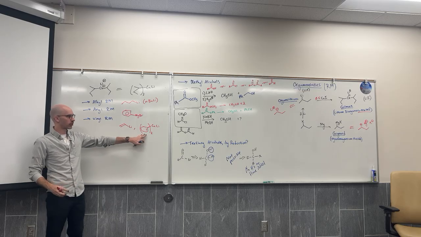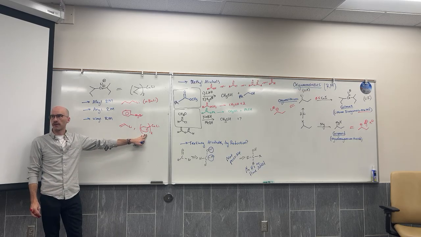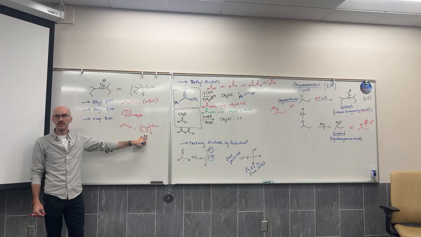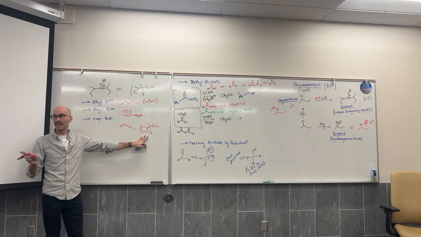Here's a Gilman version where there's an alkene carbon bonded directly to my copper. All of these combinations are possible. What I'm trying to say here is most of our chemistry differentiates alkyl halides from aryl halides from vinyl halides.